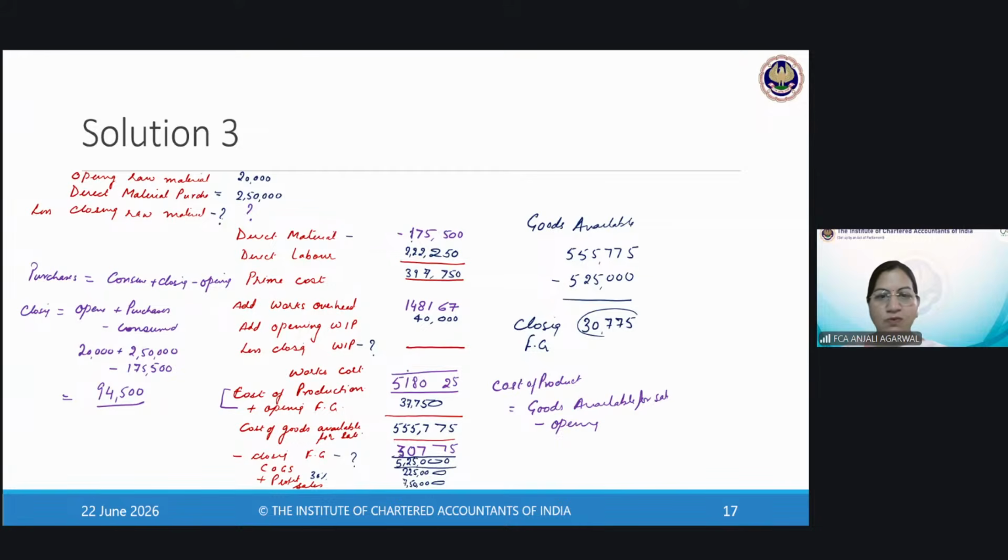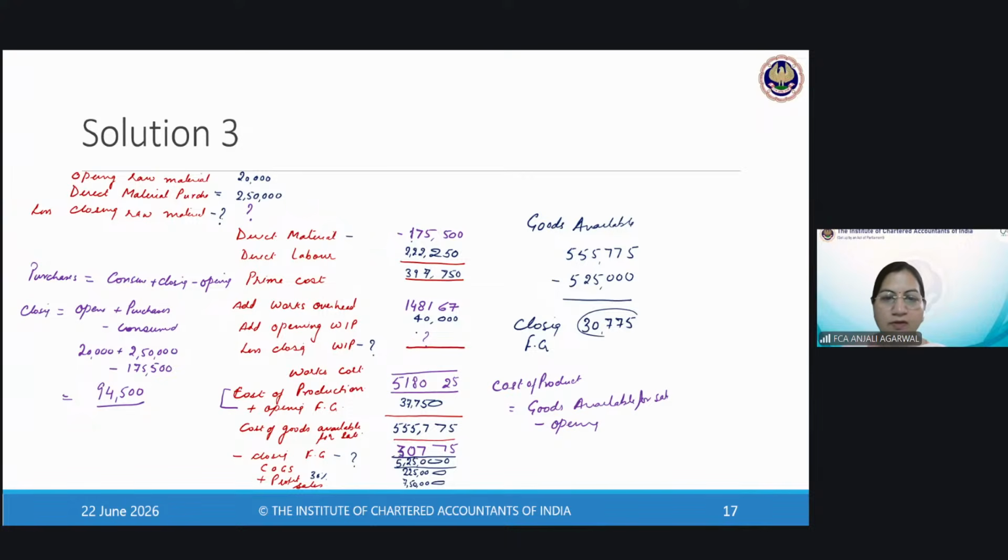Now what remains? Only one thing, closing work in progress. So 397,750 plus 148,167. This becomes your gross works cost. To this you add 40,000 as your opening stock of WIP.